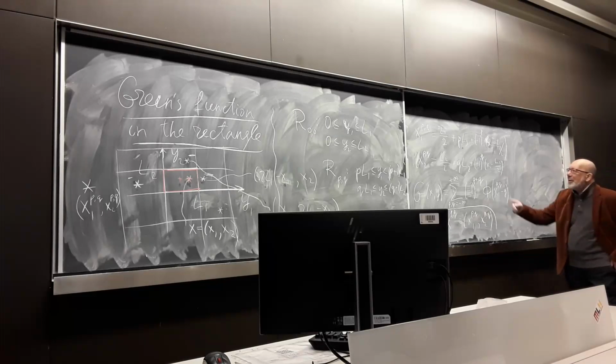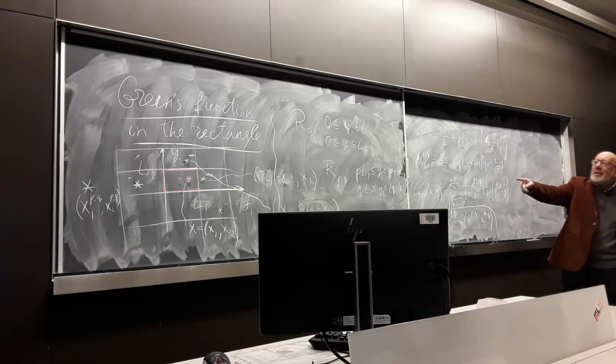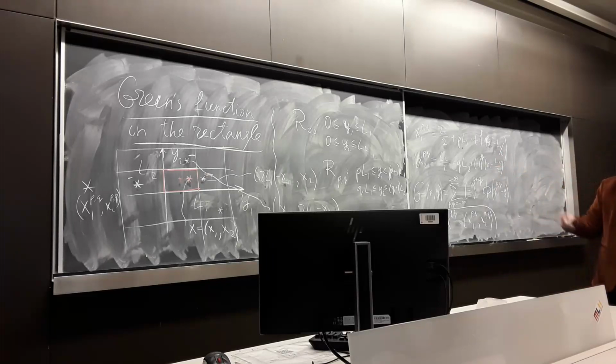For example, we did it in the case of the plane, so n equal to 2, so the function phi is a logarithmic function. A logarithmic function is not even bounded.